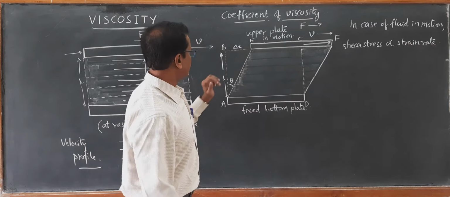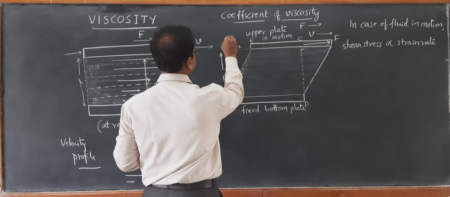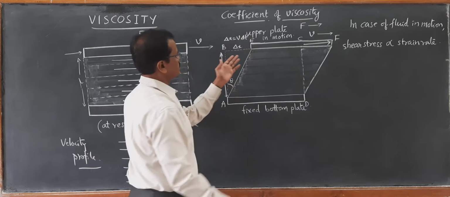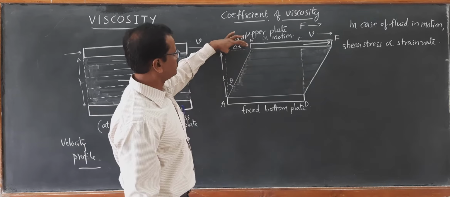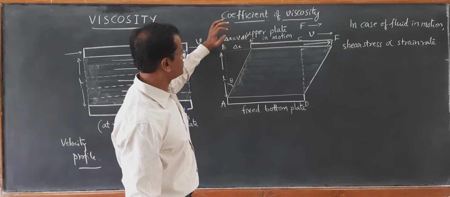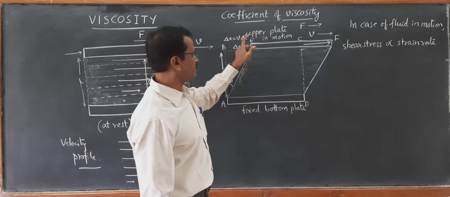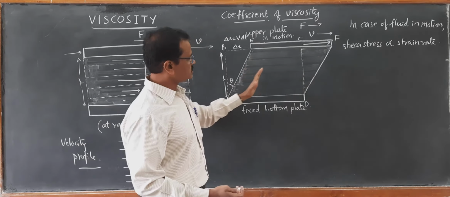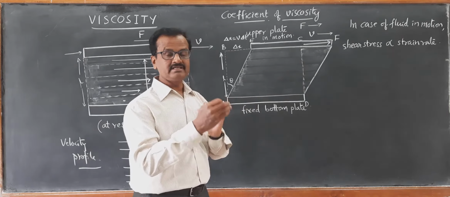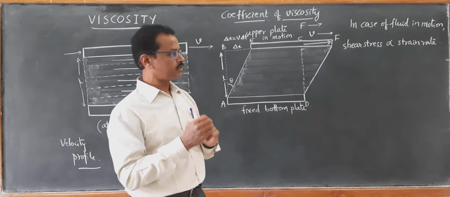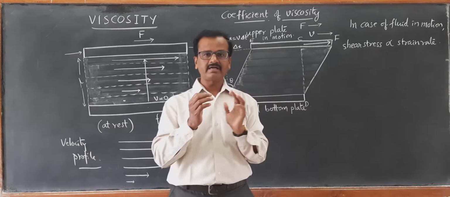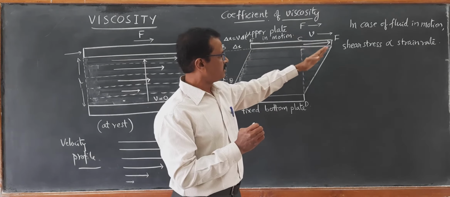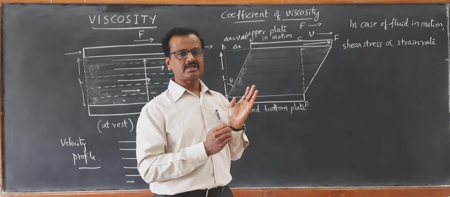Therefore, delta x is equal to v delta t, velocity multiplied by the time interval delta t. This is the shape in time delta t. In the next interval of time it will be further changing, which means the strain is not constant. The strain is undergoing change with respect to time. That's what we call strain rate. The shear stress, that is force per unit area, is directly proportional to strain rate.